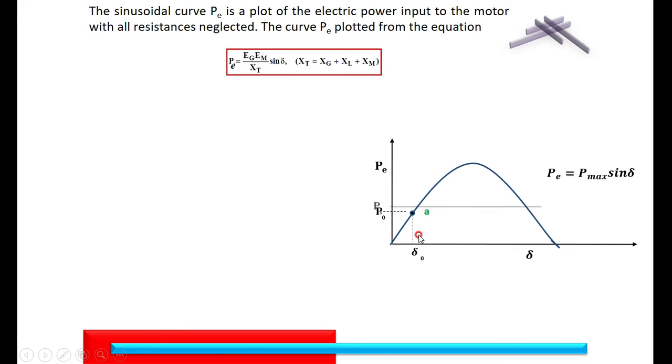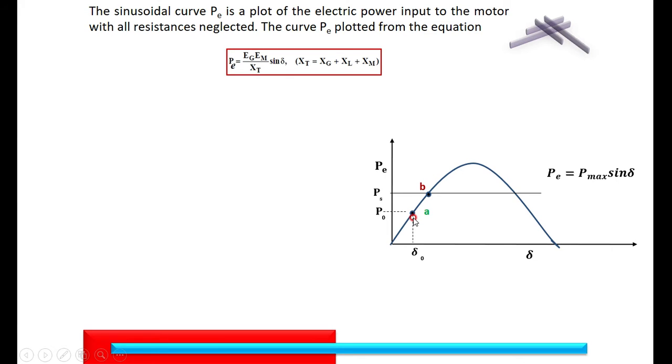Now, if you suddenly increase the mechanical output of the machine, then the operating point A has to shift to the operating point B, because the mechanical output is greater than the electrical input. Therefore, to adjust to the new value at B, the angle delta has to be changed.